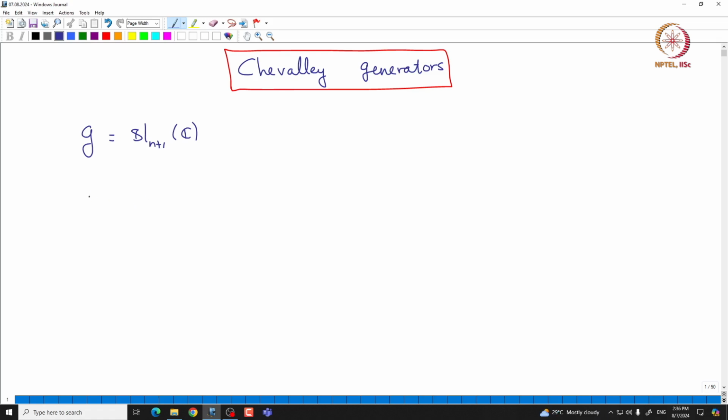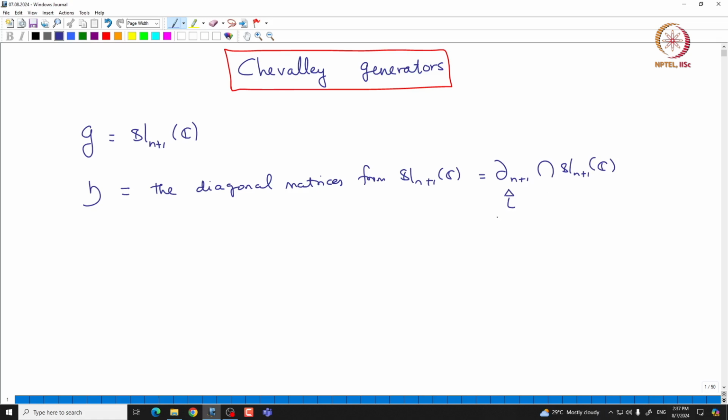We can take the diagonal matrices as H. This plays the role of the Cartan algebra. These are the diagonal matrices from sl_{n+1}(C), so it is basically the diagonal matrices d_{n+1} intersected with sl_{n+1}(C). Recall d_{n+1} is the set of all diagonal matrices.